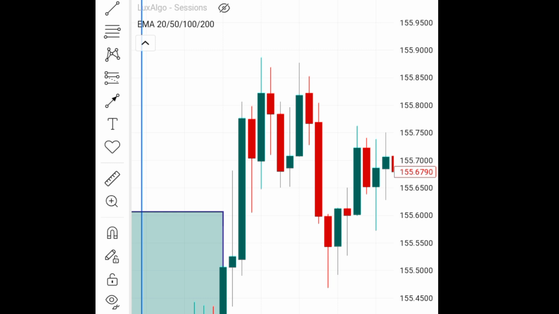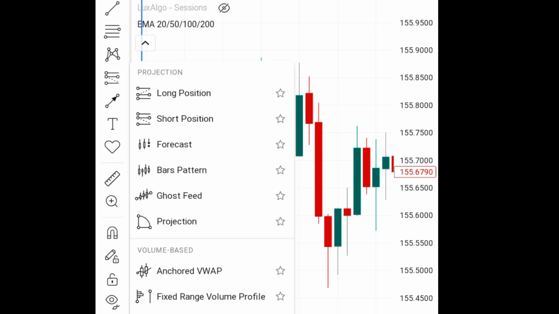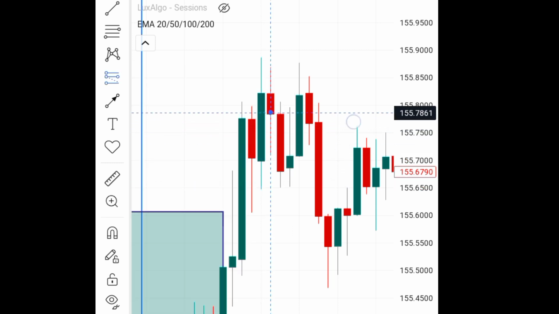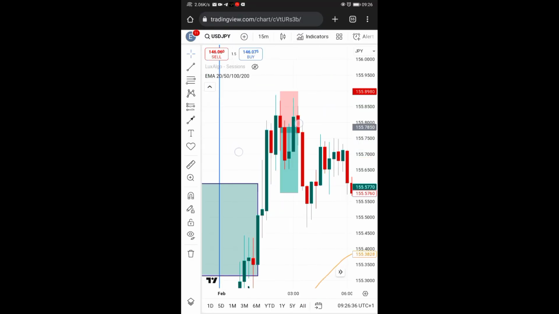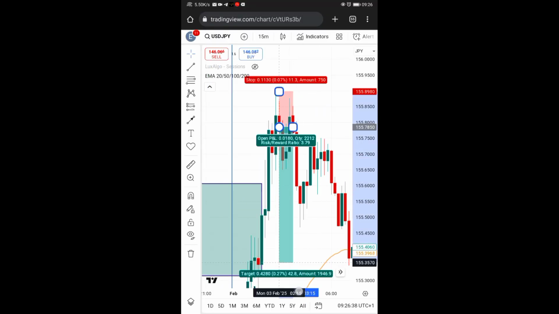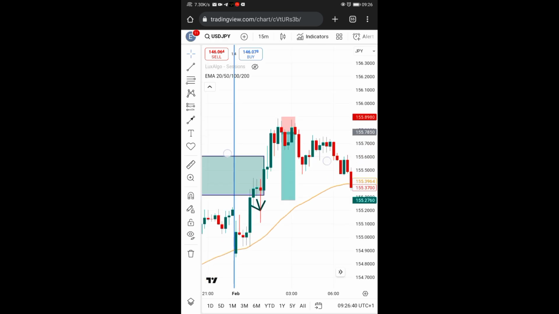But for the sake of this very one, I'm going to place my trade right here. I'm going to short right here. For the sake of M15, I will short right here. But if you go to your 5 minutes chart, this one trade alone will give you 1:30 RR or more.